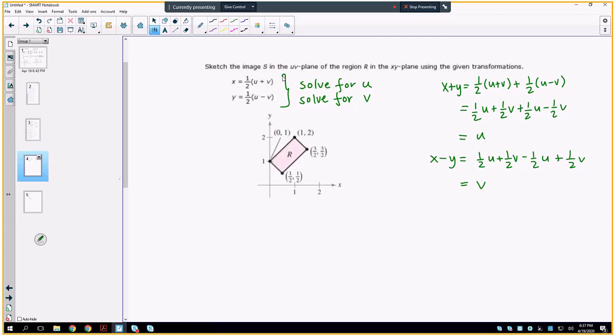Now another thing that I'd like to know is, what are the equations for these lines that are forming this rectangle in the XY plane?